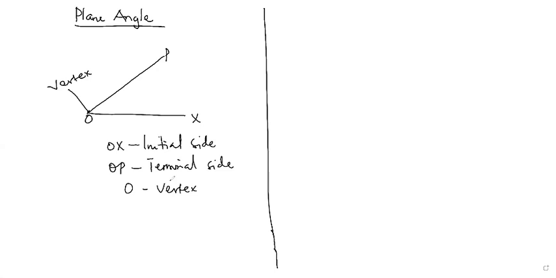An angle generated in this manner is called positive in the direction of rotation, which is counterclockwise, and negative in the direction of rotation is clockwise. So if you want to find a positive angle, if it is counterclockwise, don't forget we said this is the terminal side.